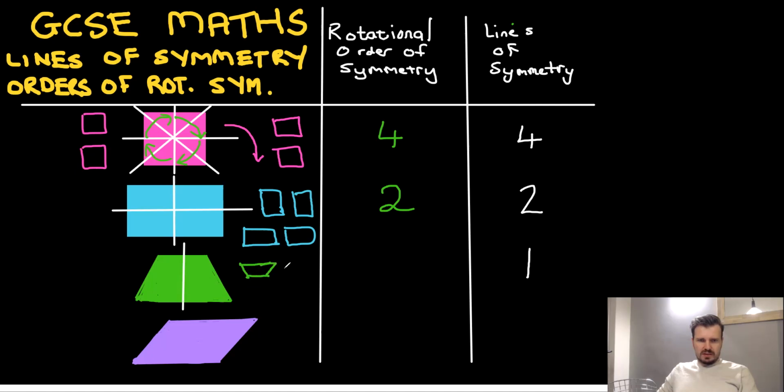Then it's rotated again, so we'll be facing this way. If we rotate it again, it's facing that way. It's only when you rotate it the 4th time that it goes back to its original position. So it doesn't have any rotational symmetry. Does that make sense? Because every time you rotate it, it looks like a different shape. So that would be 0.